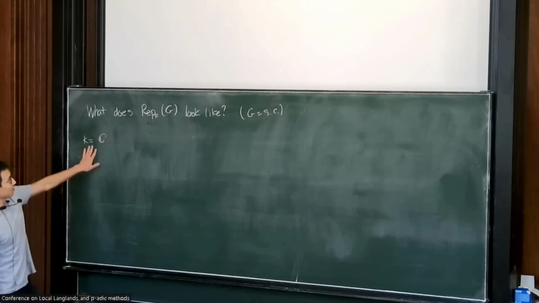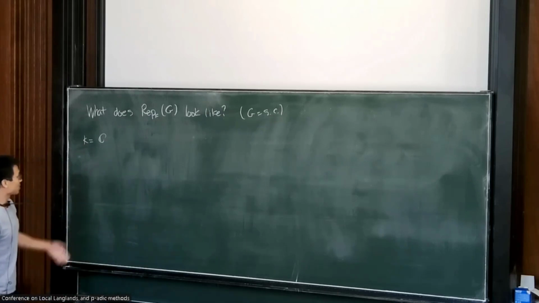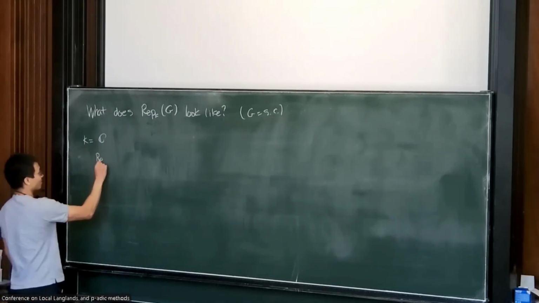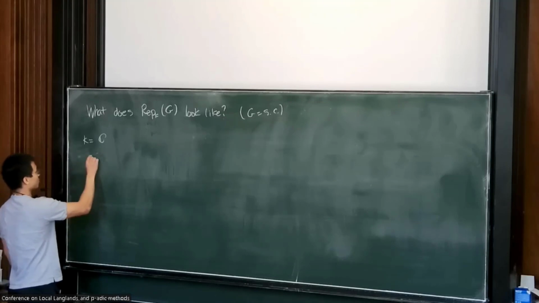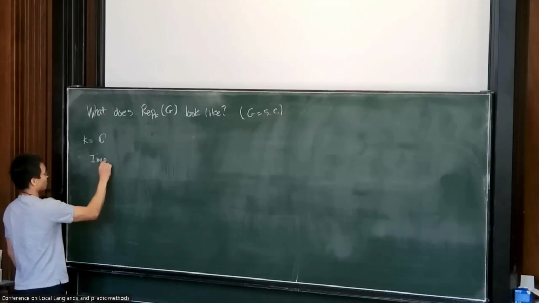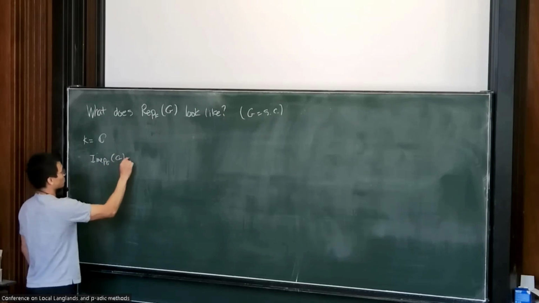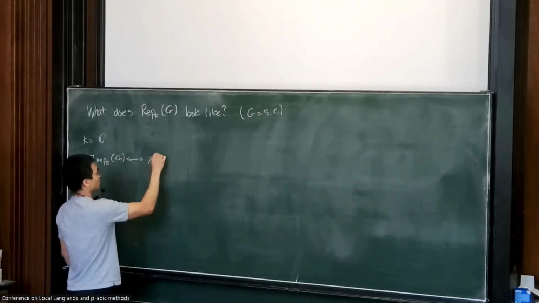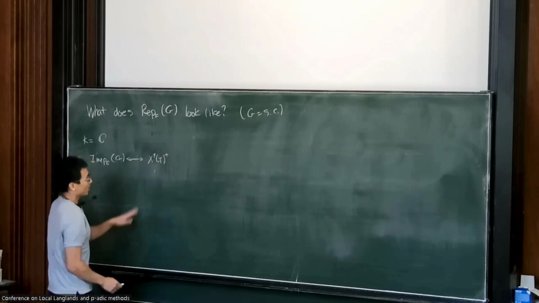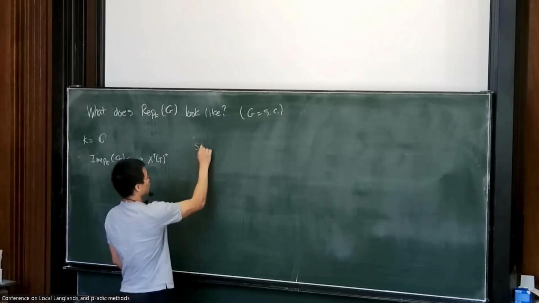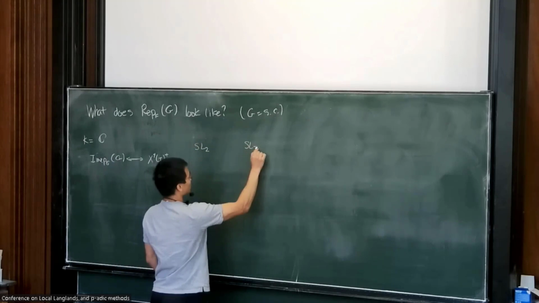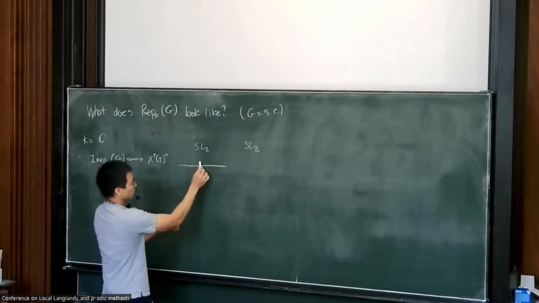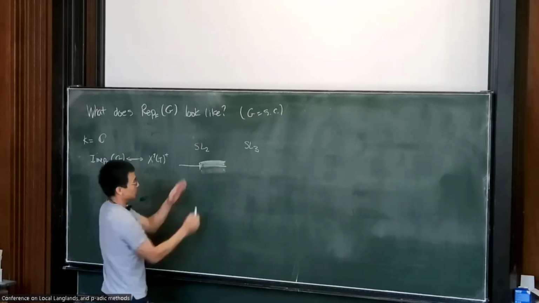Okay, so let's start at the beginning. So we know that the behavior of this thing depends on the ground field. So for, let's say, complex numbers, the irreducible representations of G over the complex numbers are in bijection with dominant weights. And so here are some examples. So for SL2, you have the weights, and then you take the dominant ones, so you take the integral points in this half.